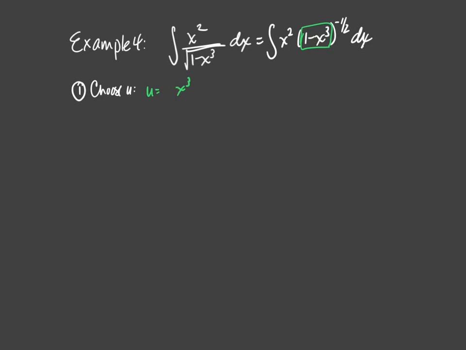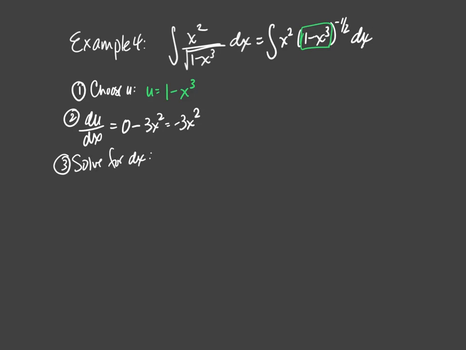Let me make that a little clearer. That's a little messy. There we go. And step 2, find du dx. So the derivative here is 0 minus 3x squared, or negative 3x squared. Step 3, solve for dx.